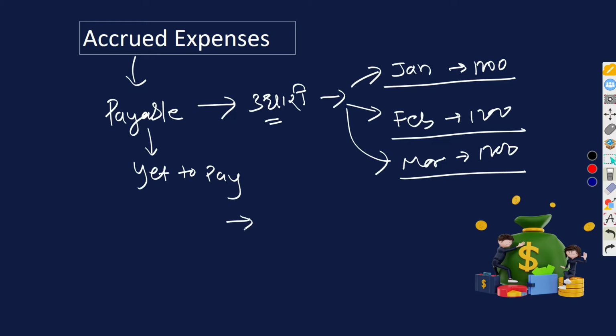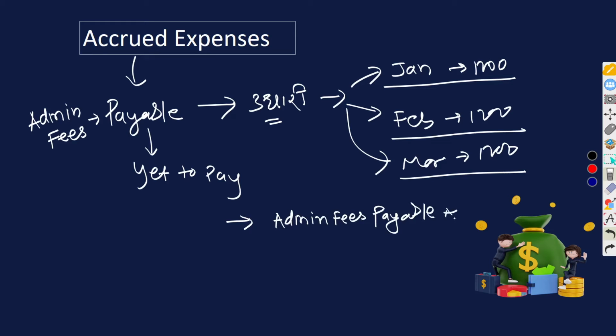Let's say the admin fees, which is basically payable. Now you can record the expenses. Admin fees payable account debit to, sorry, my bad, not payable. At the time of cash, we can record it in this way.